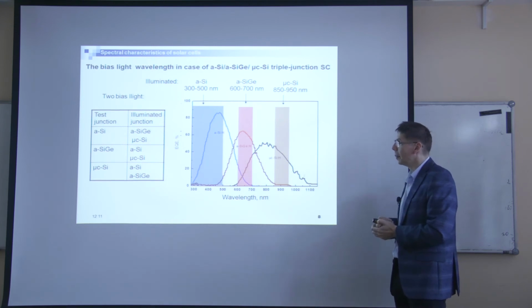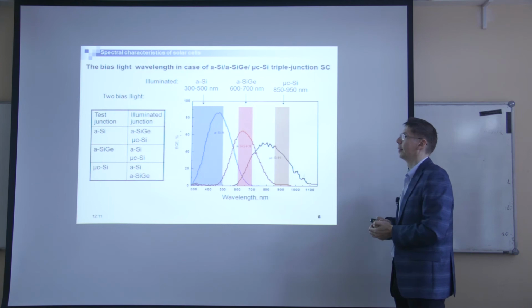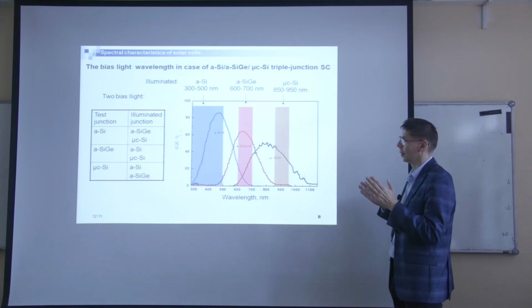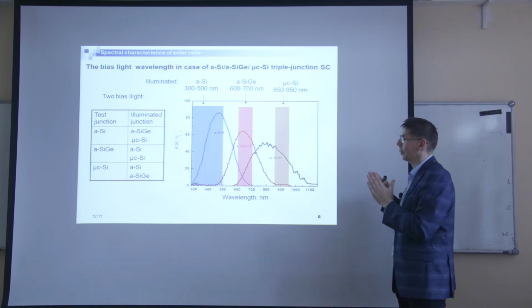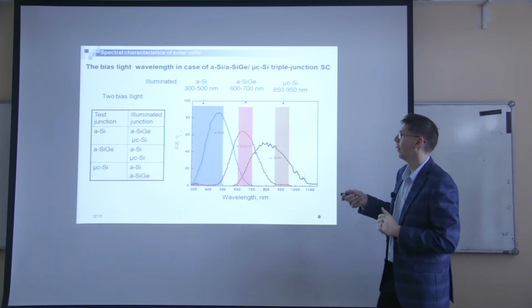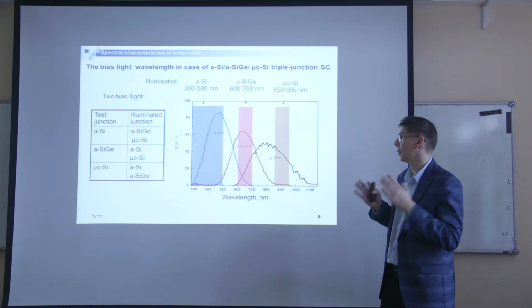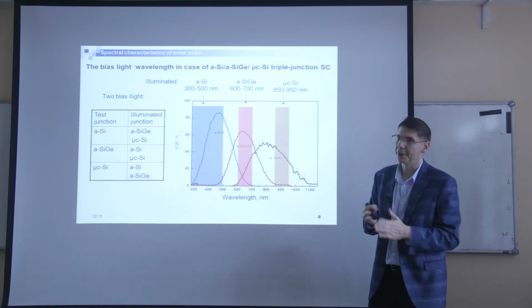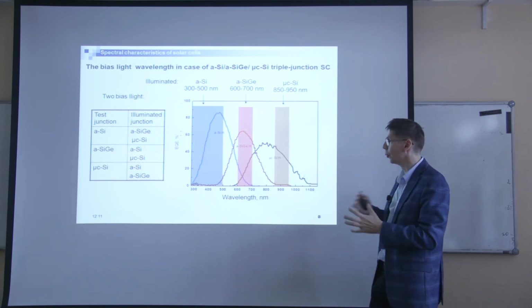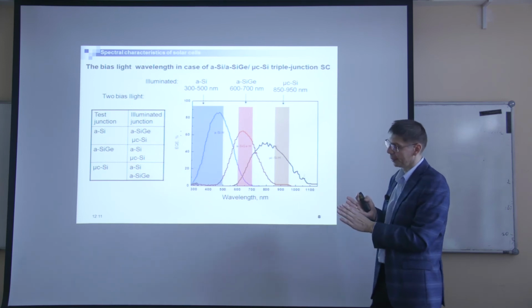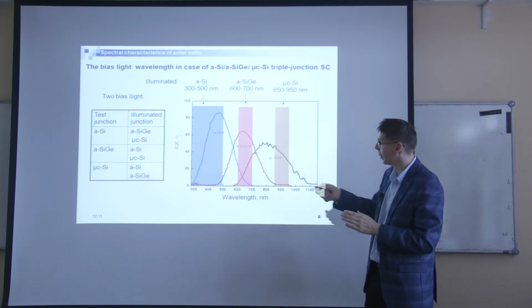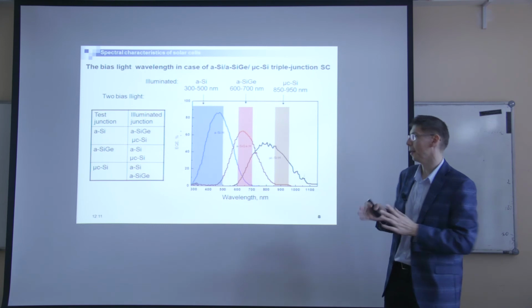Sometimes you maybe have to use a really narrow spectral range, for example some laser light, if you really want to distinguish the illumination of the different junctions.